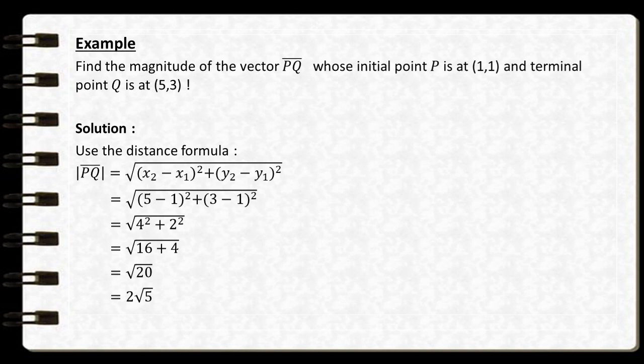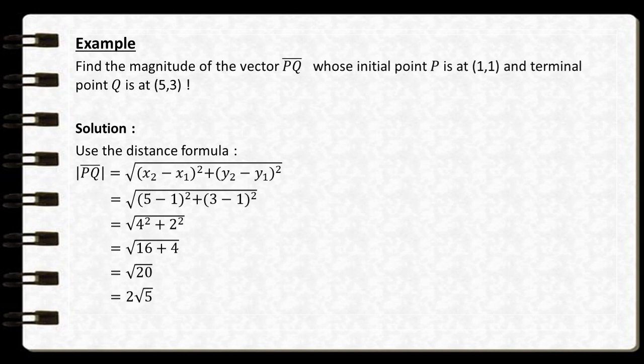To solve that problem, we can use the distance formula. PQ equals the square root of (x2 minus x1) squared plus (y2 minus y1) squared. Then we substitute all components x and y into the formula.